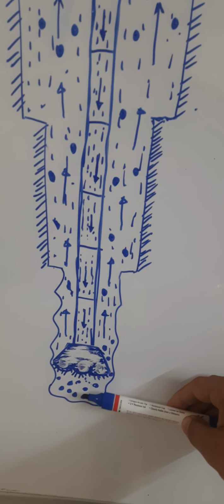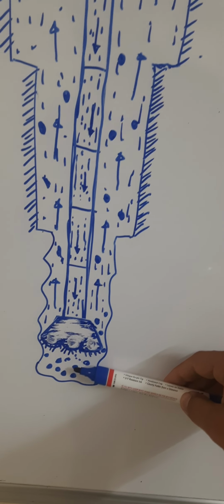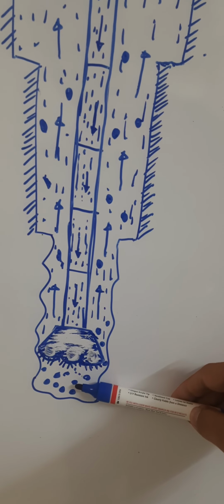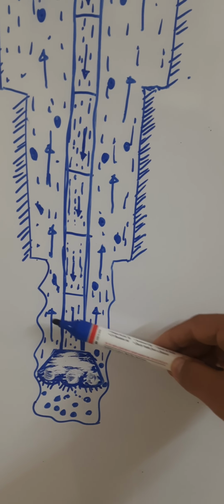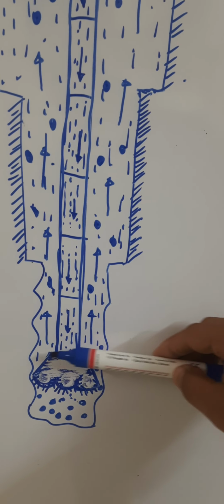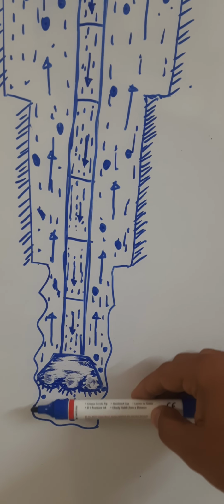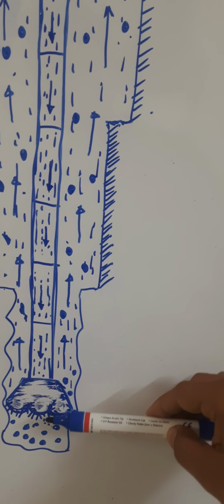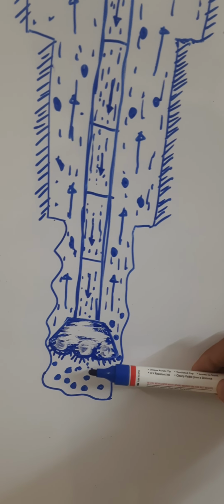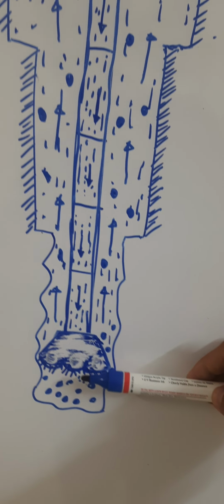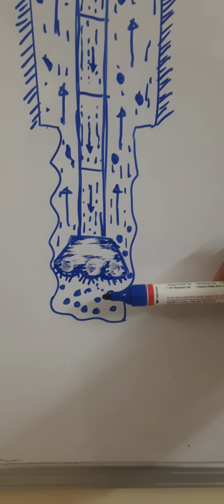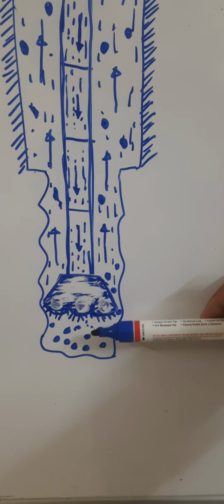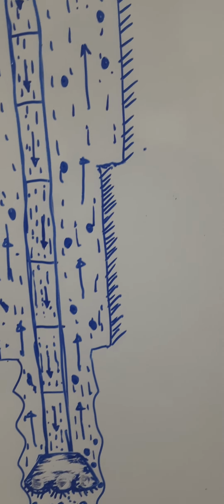As the bit rotates, cuttings are being generated. The volume of the hole drilled will be equal to the volume of the cuttings generated. To remove these cuttings, we need a system which continuously removes them from here. So what is that system? That is the mud circulation system.